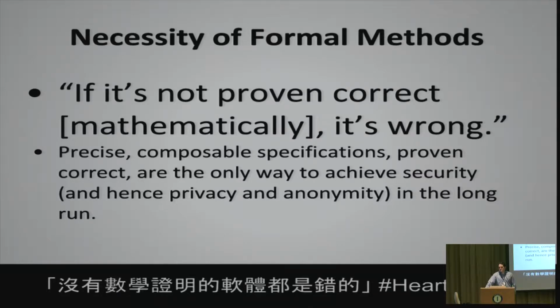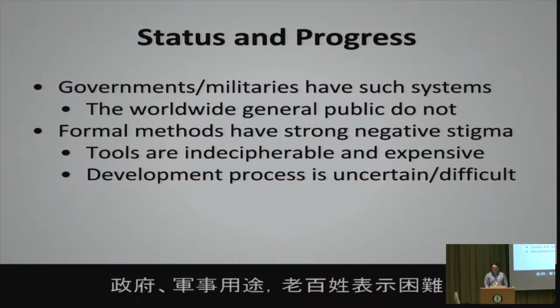Anyone who tries to make a logical model and prove their software in a proof assistant, they're going to fail for any program larger than a few lines, of course. So the only way to achieve security and reliability and therefore privacy and anonymity in the long run is with precise and composable specifications that are proven correct, whose usages are proven correct.